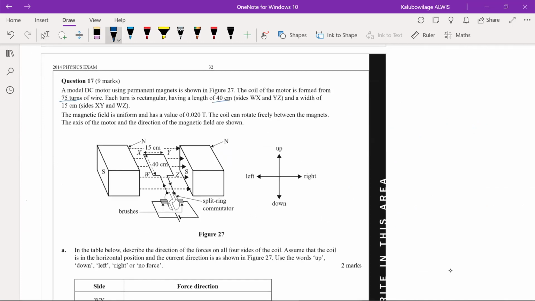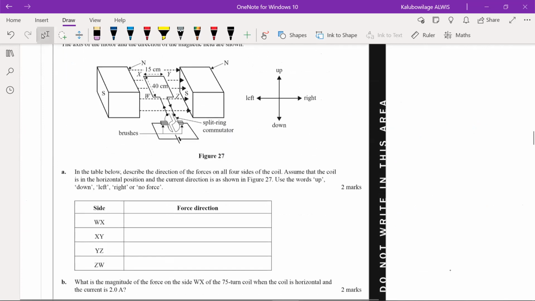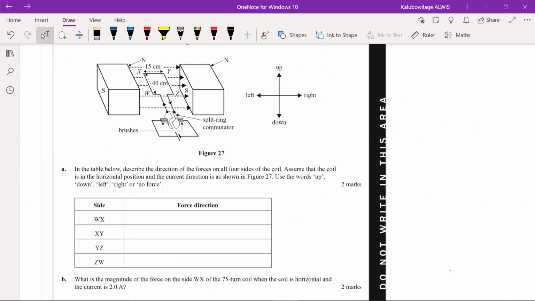Length 40. For part A, it's the right-hand palm rule at WX.